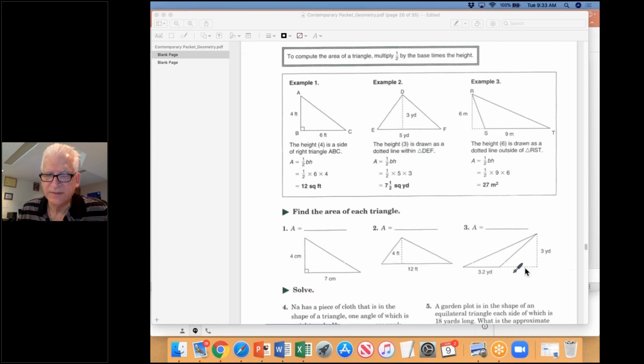And finally, another one with the right angle being outside of the triangle, but still it's clear that the base is 3.2 and the height is 3. So let's just do area equals 1/2 times 3.2. Ooh, that's not very nice. Times 3. And I don't want to do that in my head, so I got my calculator right next to me here. 3.2 times 3 equals 9.